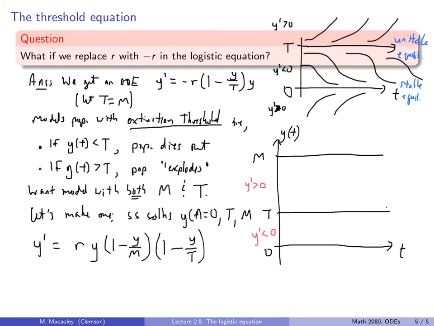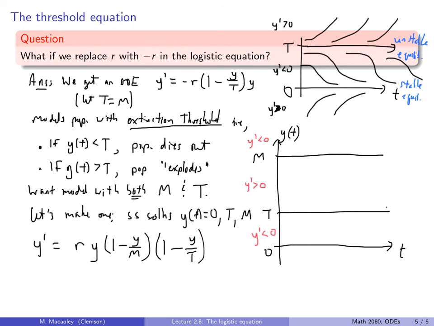And y prime should be negative up in this region, so the curves should go down like that. And let's check. Is that what this gives us? So when y is greater than m, this is positive, this is negative, and this is negative, because when y is greater than m, that's bigger than 1, and that's bigger than 1.